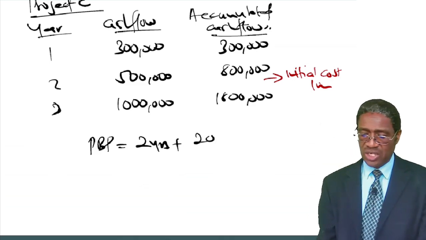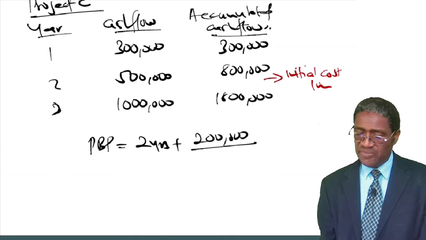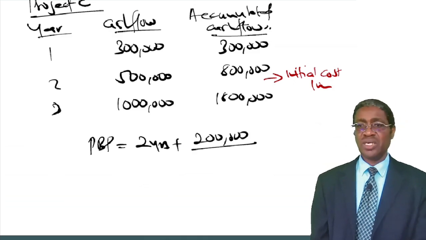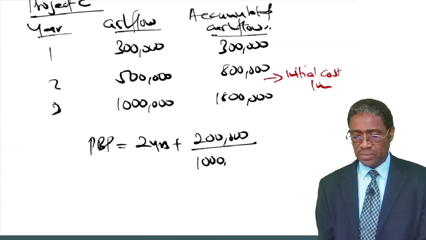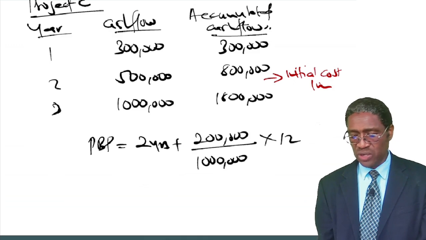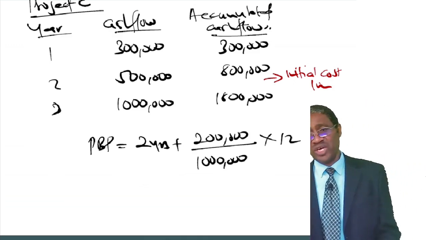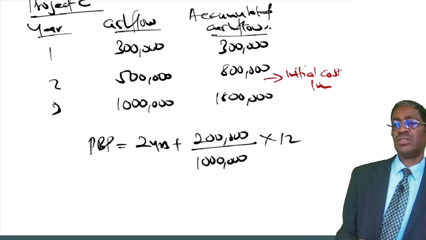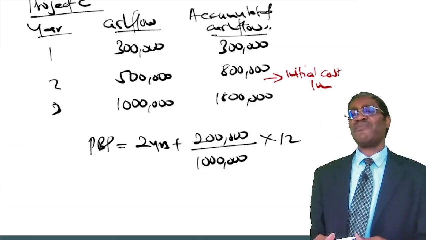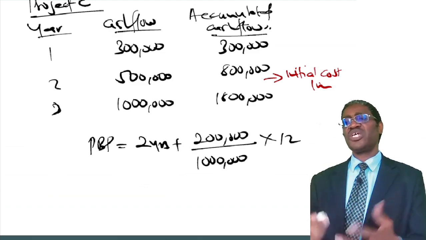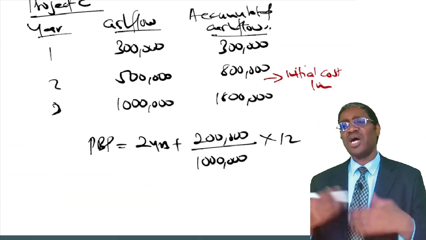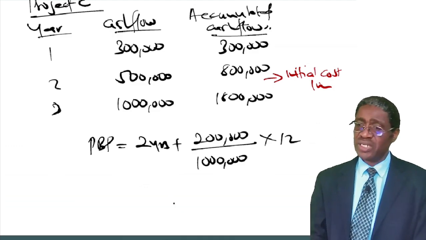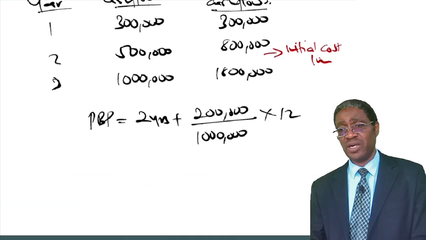So we said you add 200, divide that by the cash flow of the year of full recovery, which is 1 million, times 12. Because I've given you the reasoning: I need only 200 in the third year, but in the third year I'm going to recover 1 million. So if 1 million will take me 12 months to recover, how many months will it take me to recover 200 only? That's what we are trying to calculate in the second part of this equation.